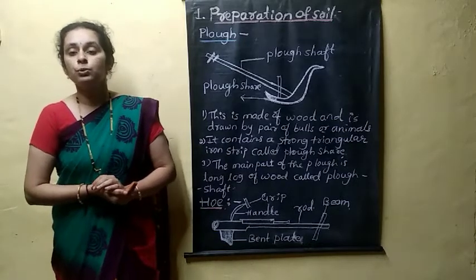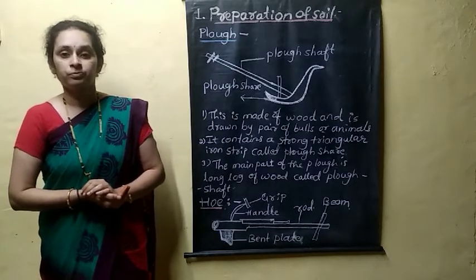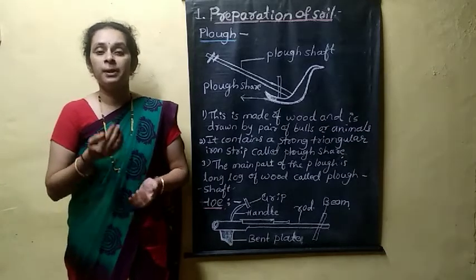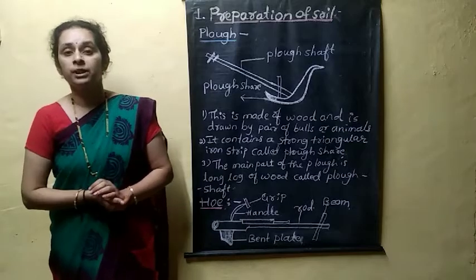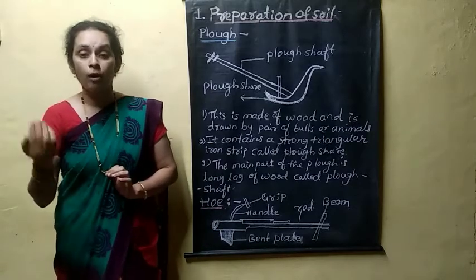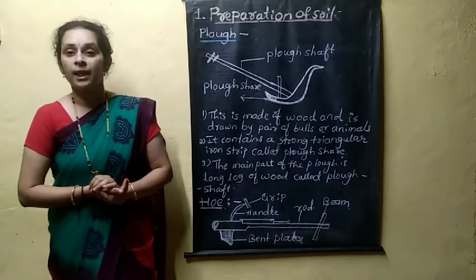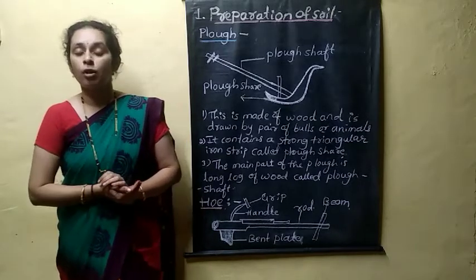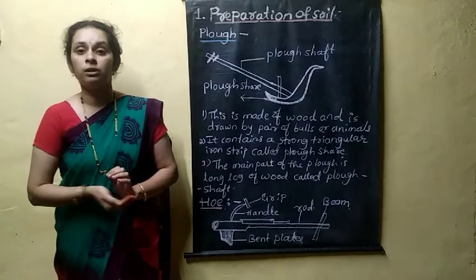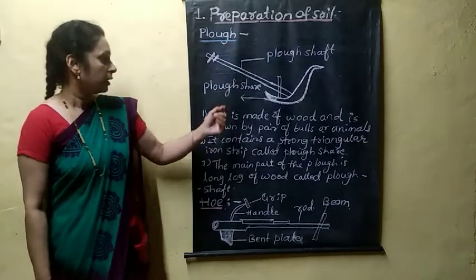These are the uses of the plow. It is made of wood or iron and can be drawn with the help of a pair of bulls or other animals like camels and horses.